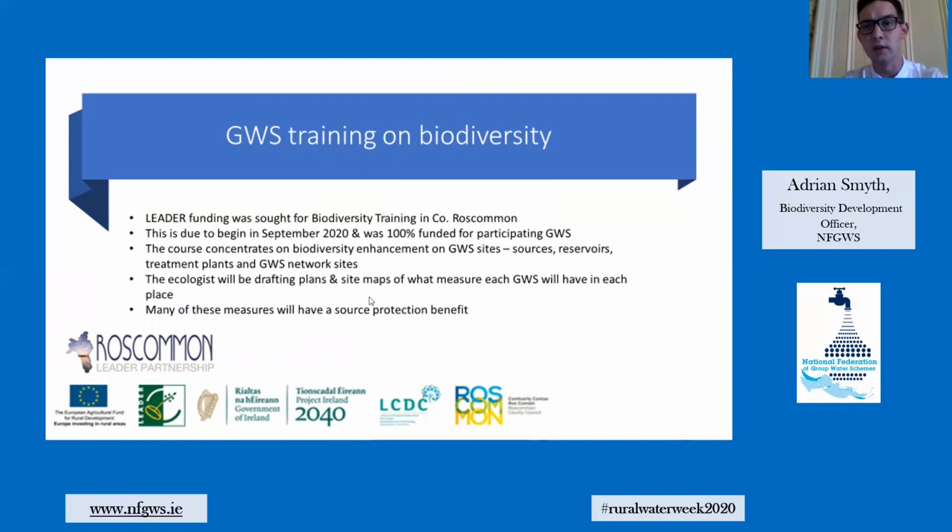The course concentrates on biodiversity enhancement on group scheme sites, so your sources, your reservoirs, treatment plants, and network sites. And the ecologists will be drafting plans and site maps of what measure each scheme can do in each place. And many of these measures are going to have a source protection benefit. So we would hope that once we see this is successful, we can maybe look at rolling it out to other counties.